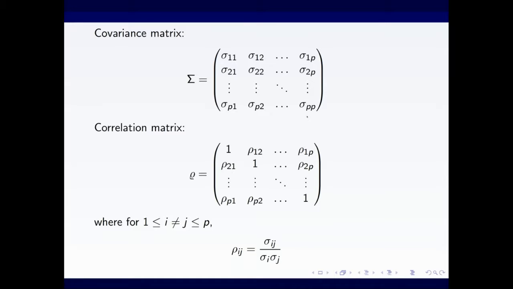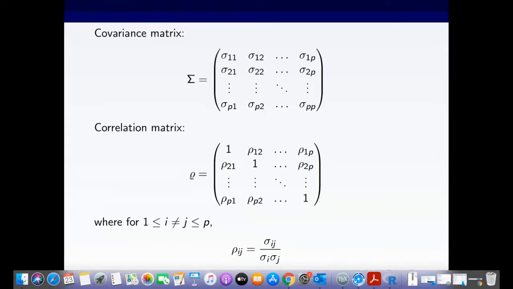So the diagonal of a covariance matrix is the variance of each random variable, and the off-diagonal term is the covariance between two variables in the random vector. Is this clear?